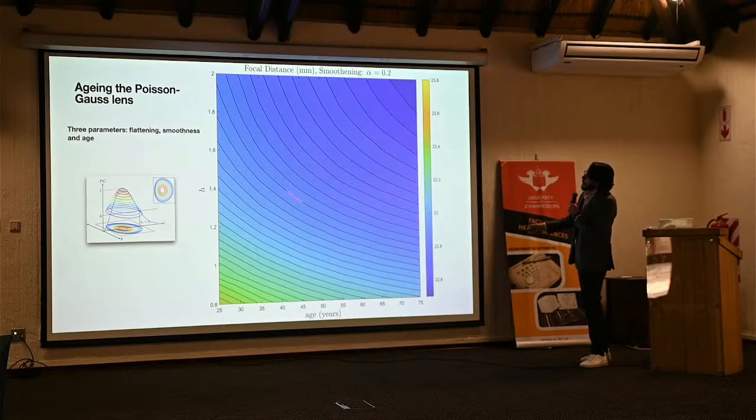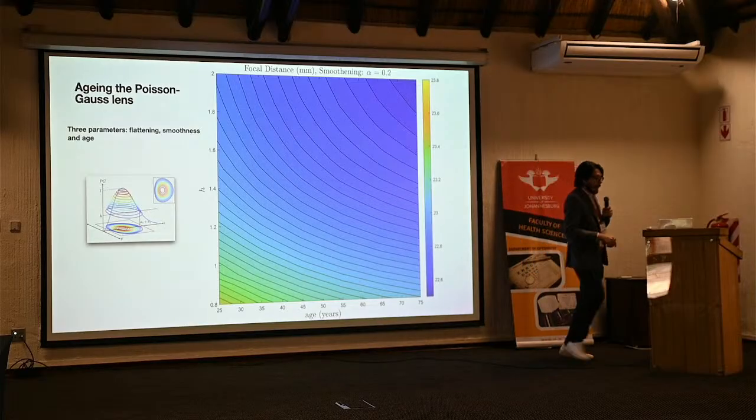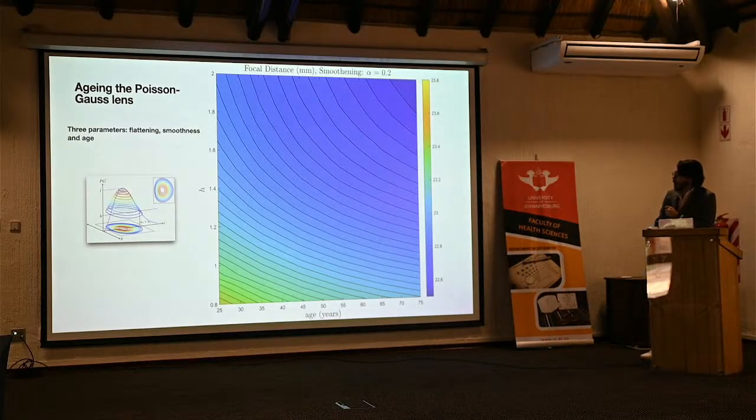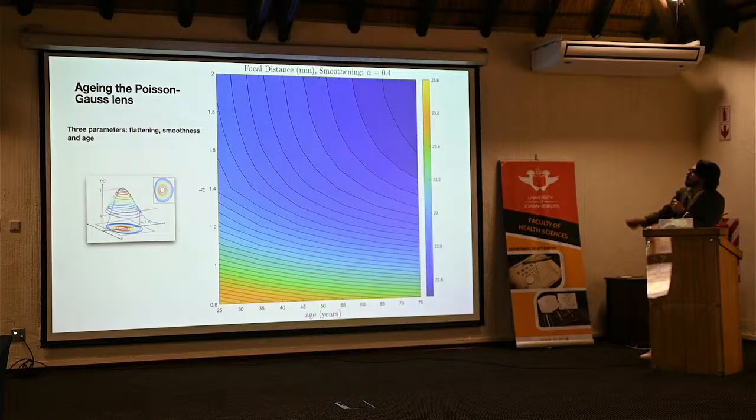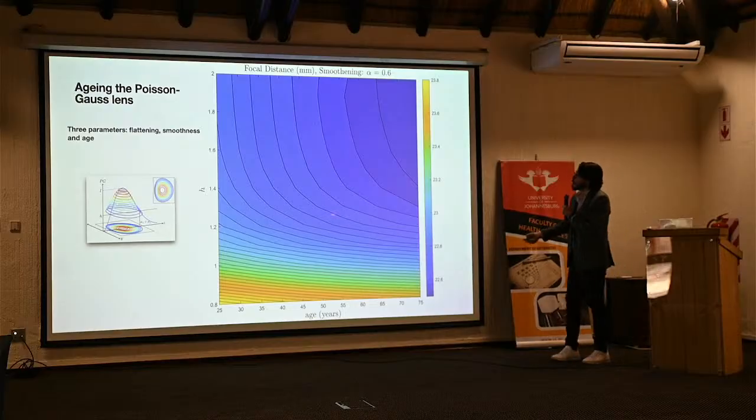Of course, this color map has been done for a particular smoothness parameter. Let me show you other smoothness parameters like this. Here we have the values 0.4 and 0.6. 0.6 is a more aggressive flattening.